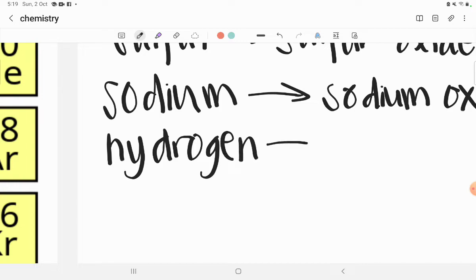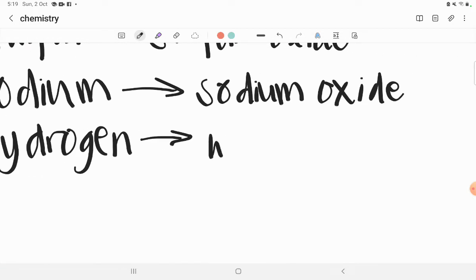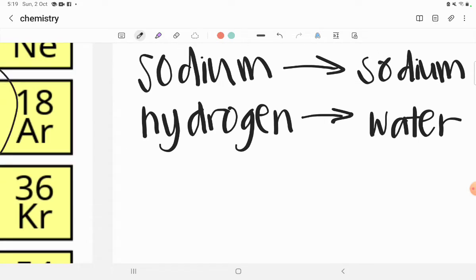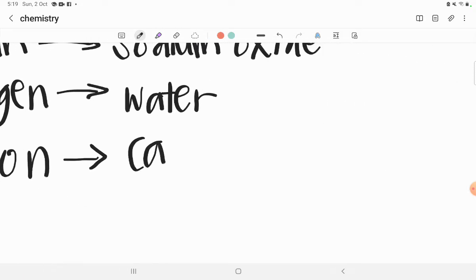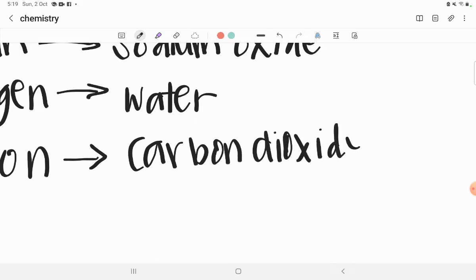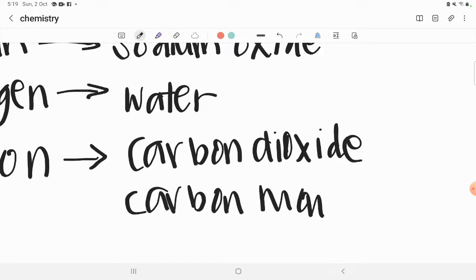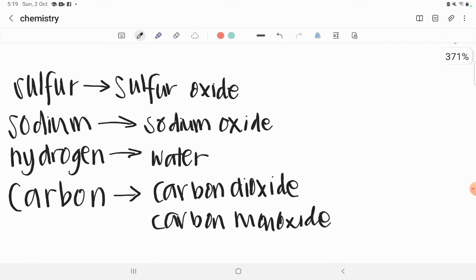When hydrogen burns in oxygen, what do we get? That's right, we get water, because it's H2O. However, there's also carbon. If carbon burns in air, there can be two things: carbon dioxide, and also carbon monoxide. So these are all examples of oxides.